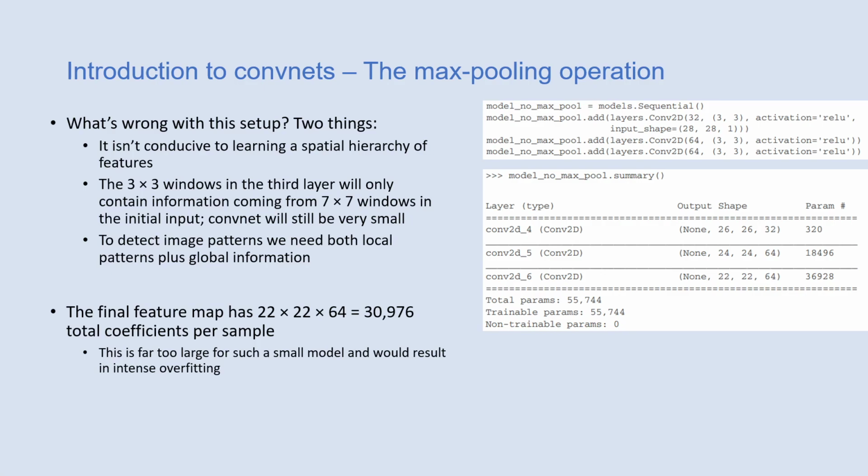Basically, the max pooling is able to downsample and connect the things together and find this global information. Another problem, as I've mentioned before, is that the number of parameters is very large, so this could result in intense overfitting.